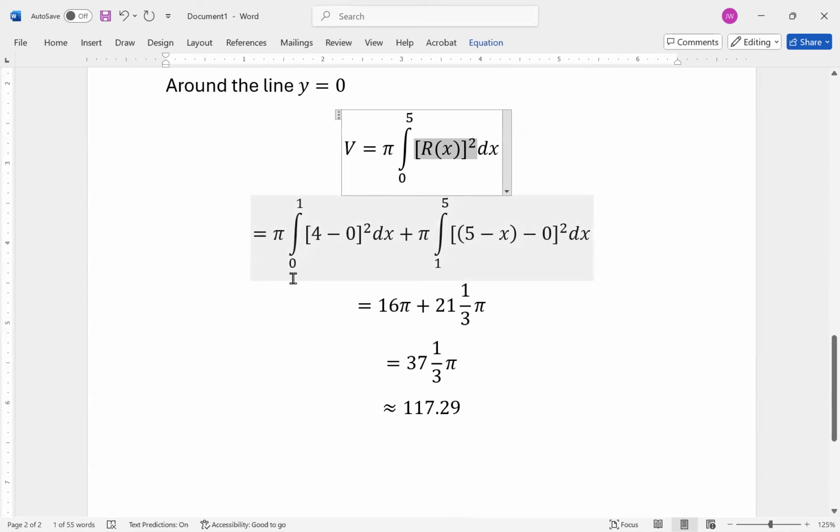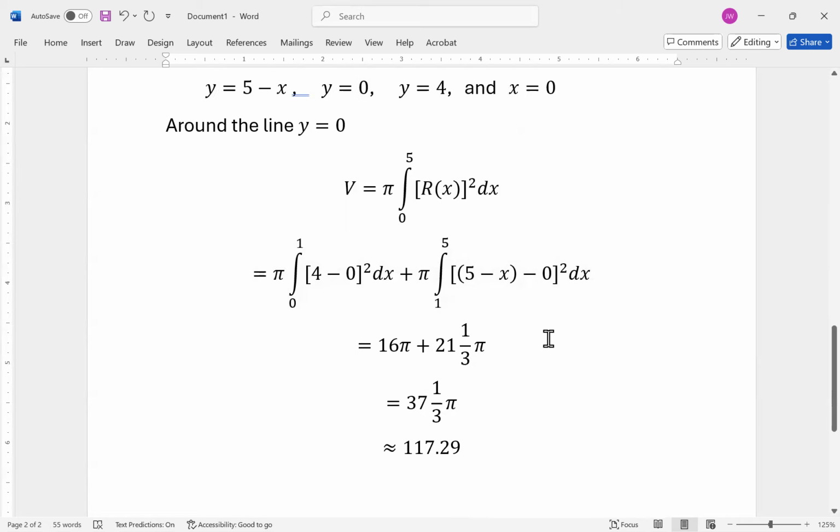In this case, I integrated from 0 to 1 to give me the one piece. To get the second piece, I had to integrate from 1 to 5. And that's it. That's the whole problem here.